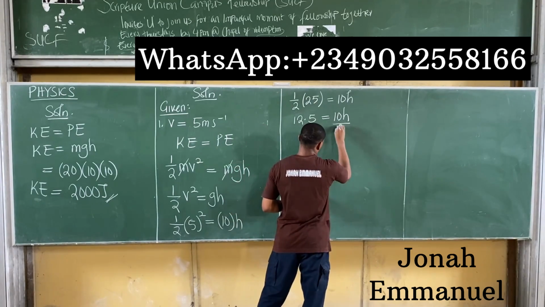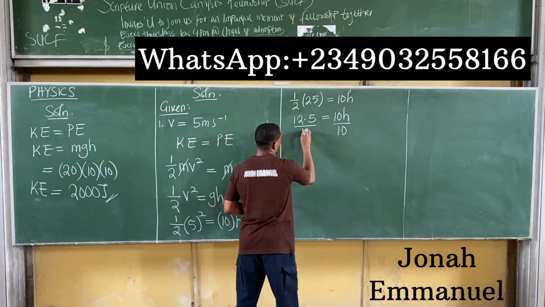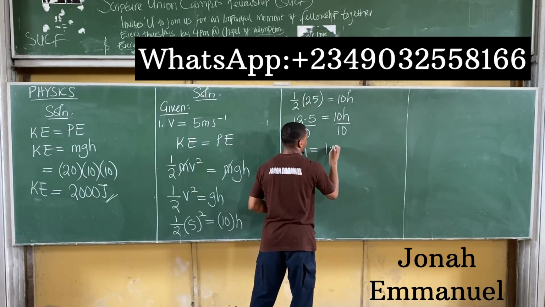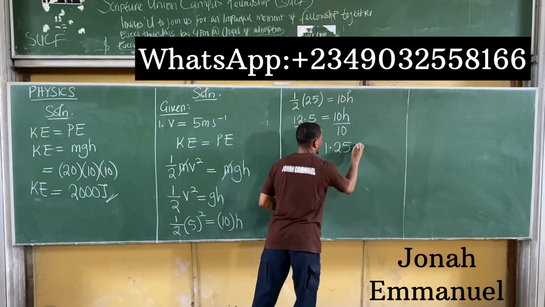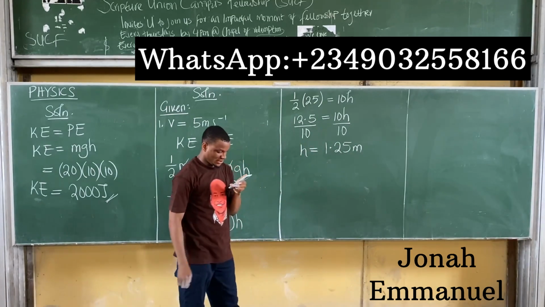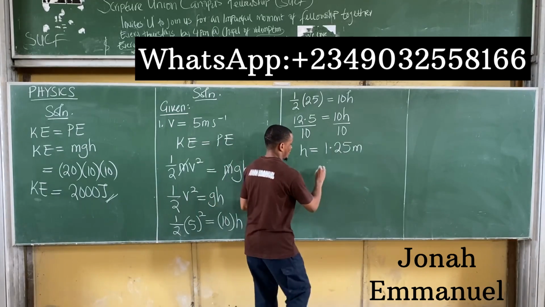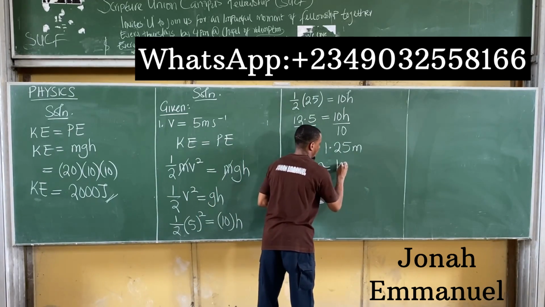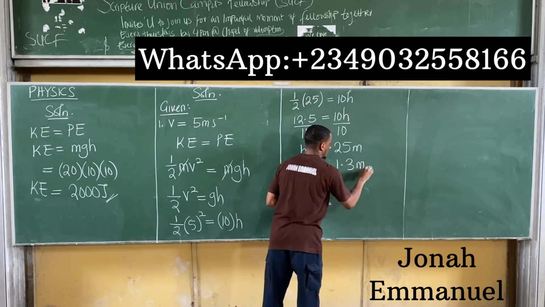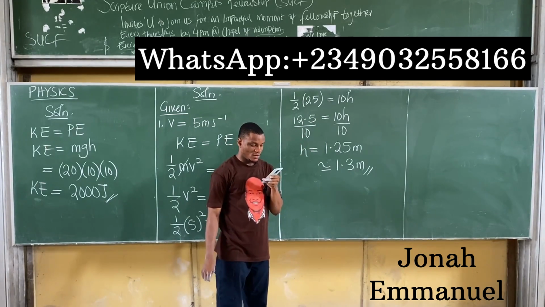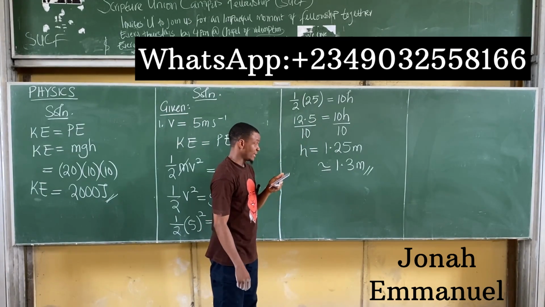I have that h is equal to 1.25 meters. Let's see if we have the option there. We have 1.3, which is C. So we can approximate this to be 1.3 meters. So my answer there is option C, 1.3 meters.